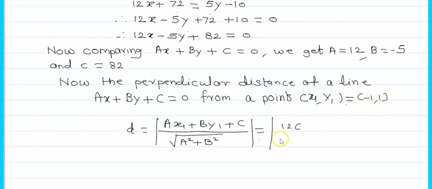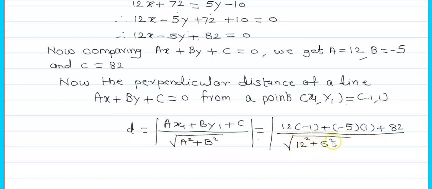That is 12 in bracket -1 plus b is -5 into 1 plus c is 82 upon in root of their coefficient square, means what, a square plus b square, in root of 12 square plus 5 square. This mod is completed.